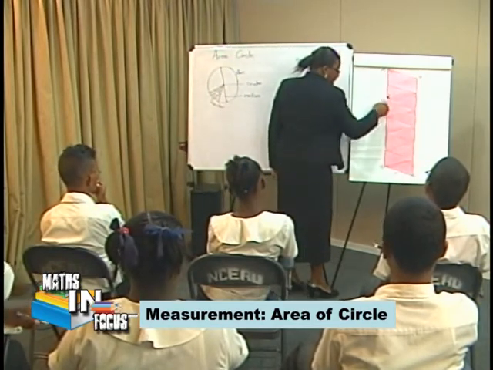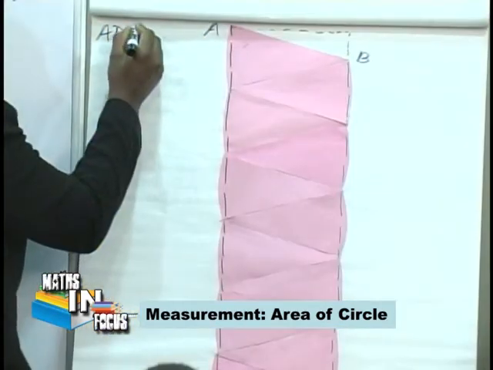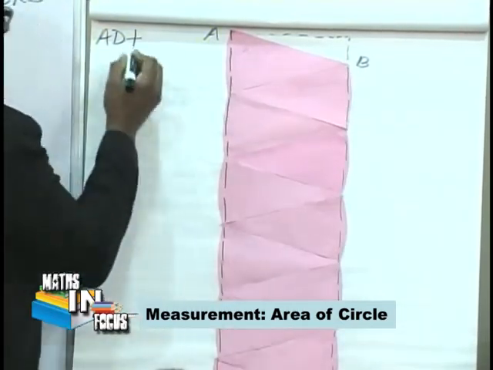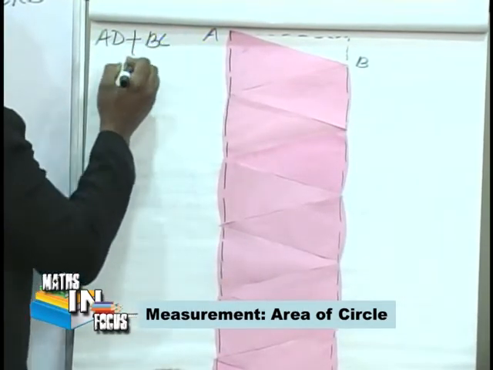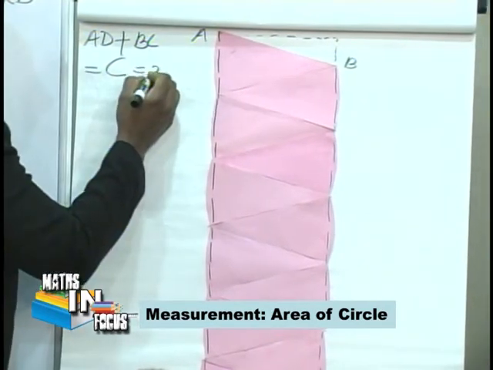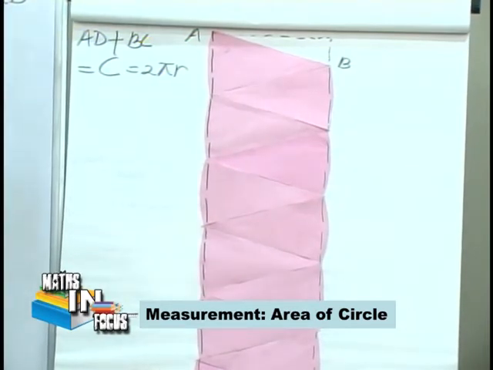We know that if we add AD to BC, we're going to have the circumference C, which is equal to 2 pi r. Agreed?